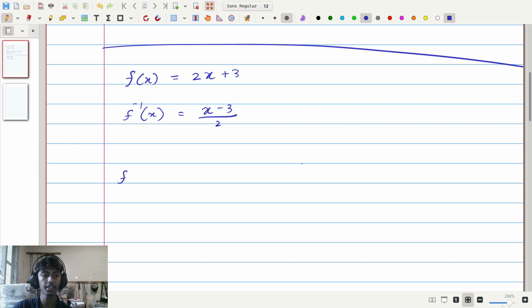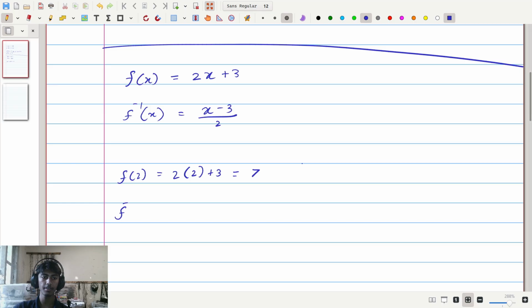Let's try f of 2. f of 2 is 2 times, substituting x as 2, plus 3, which is 4 plus 3, which is 7. So f of 2 is 7.